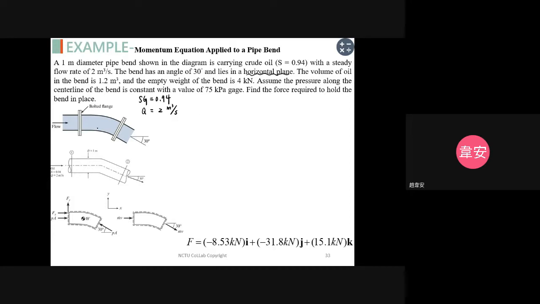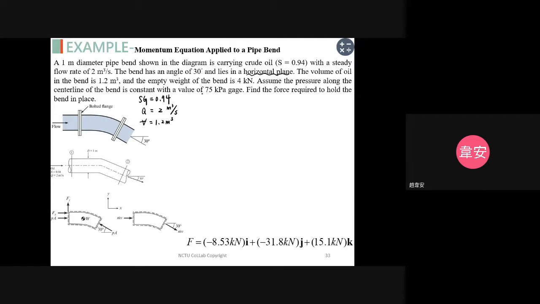So the pipe is just put on the horizontal plane, and the volume of the oil in the bend is equal to 1.2 cubic meters.